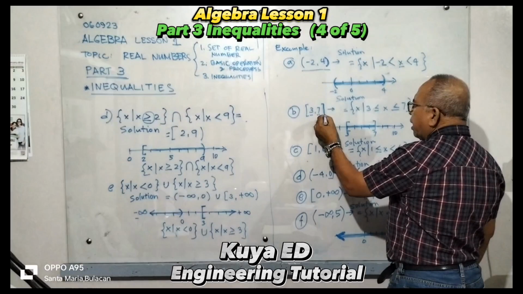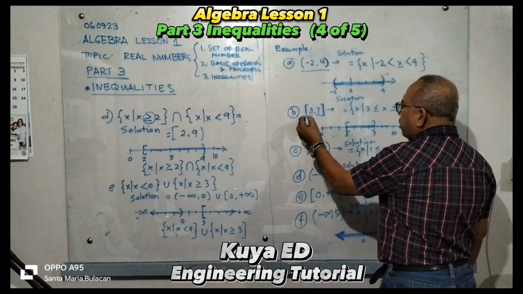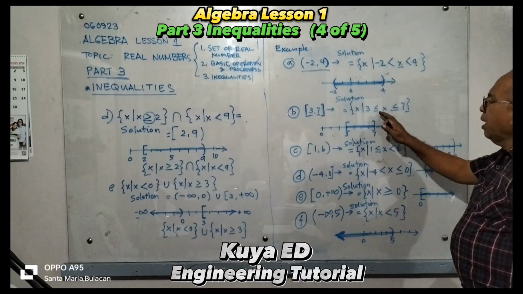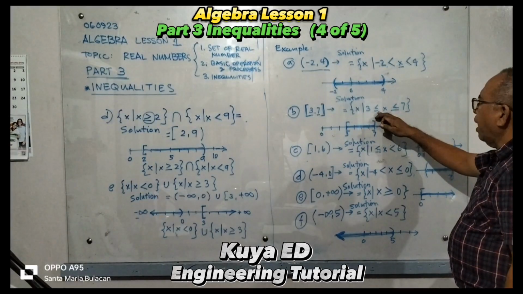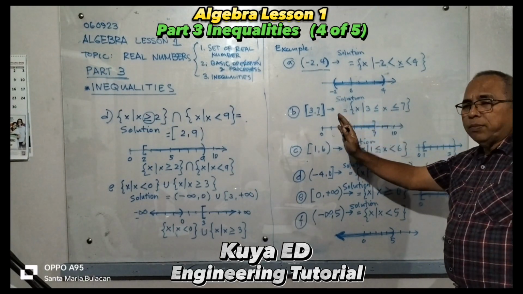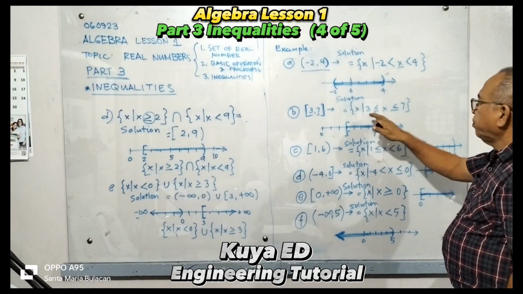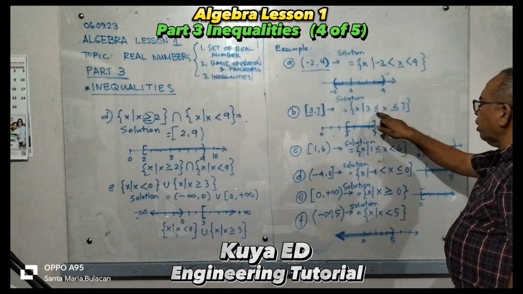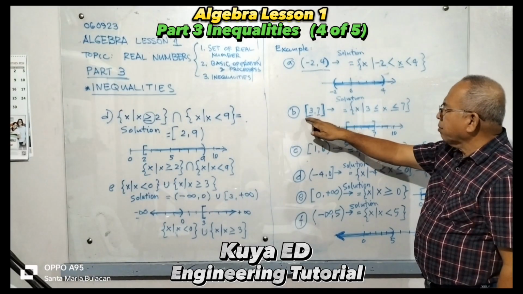So, nasa bracket sila, no? Now, in this bracket form, we now know that we will use the less than or equal. Bakit less than? Because 3 is to the left of 7. So, we are now using less than or equal because of the bracket.